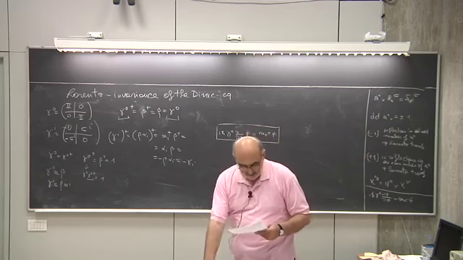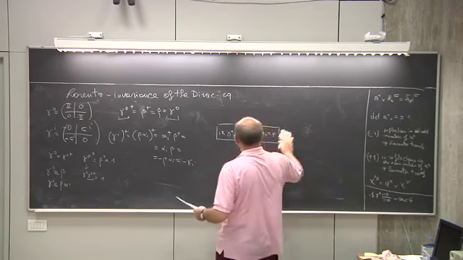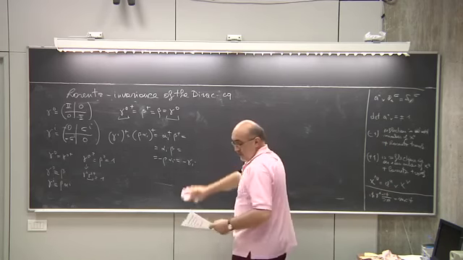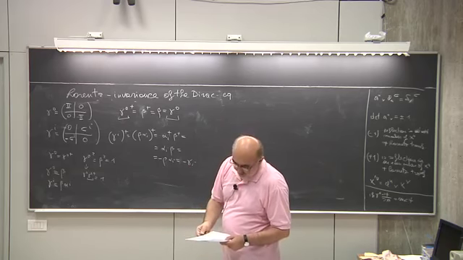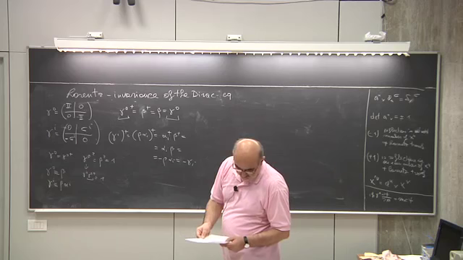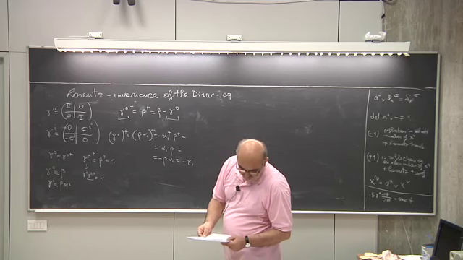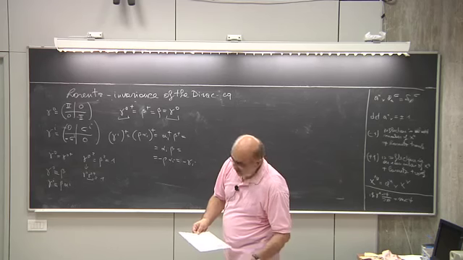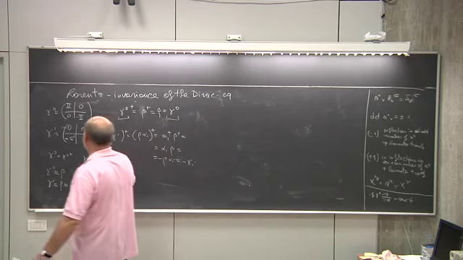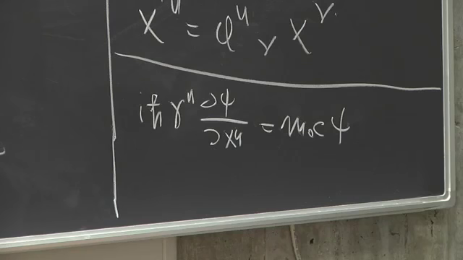Now, you remember that we had the various... maybe what we can do is, let's see why it has this form. So let's see why the gamma i has this form.